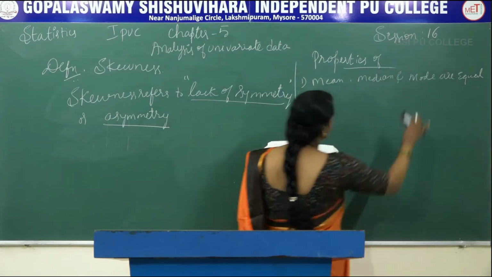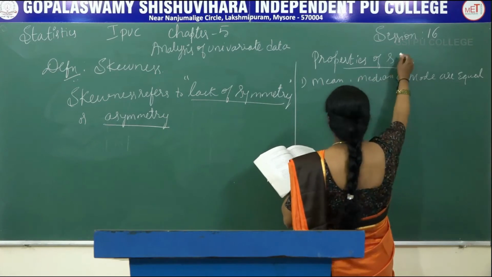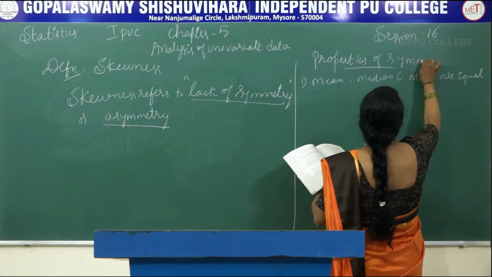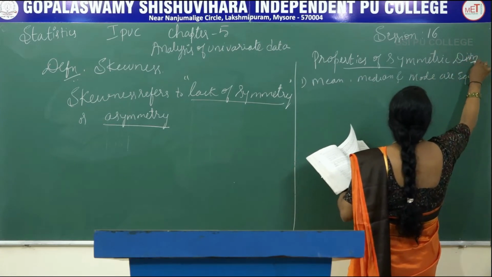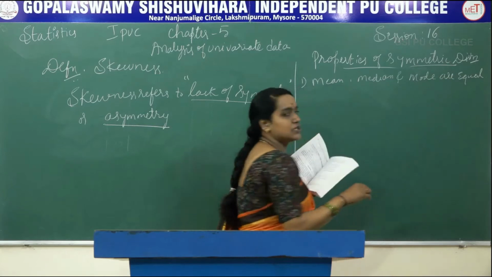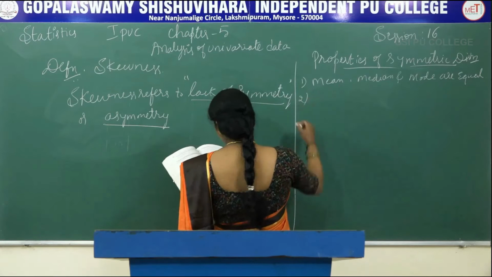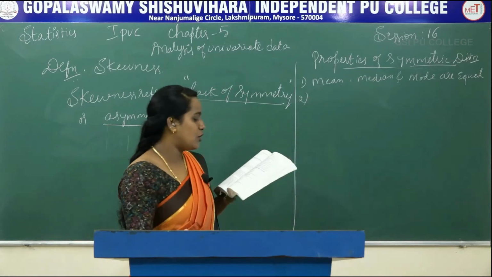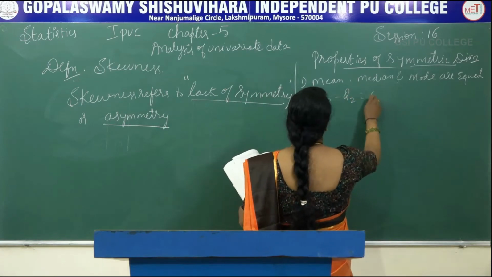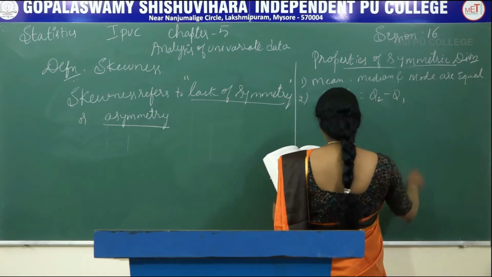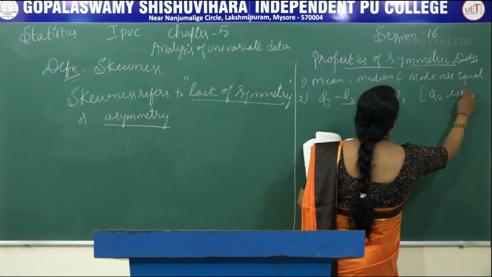Properties of a symmetric distribution. When do we say that the data is symmetric? In a symmetric distribution, mean, median, mode are equal, and the median is equidistant from the lower and upper quartiles. That is, Q3 minus Q2 is equal to Q2 minus Q1. Here Q2 is the median.